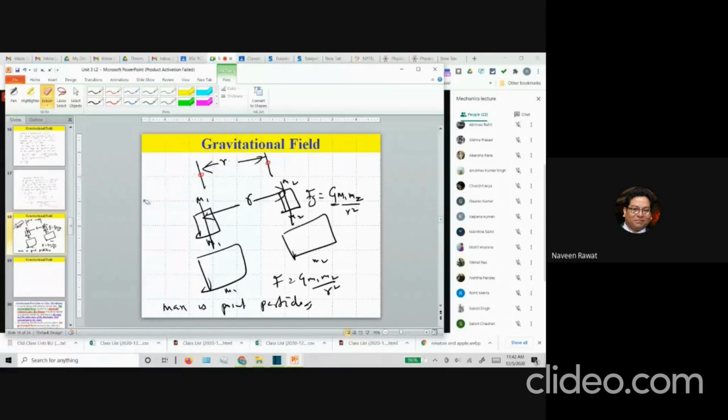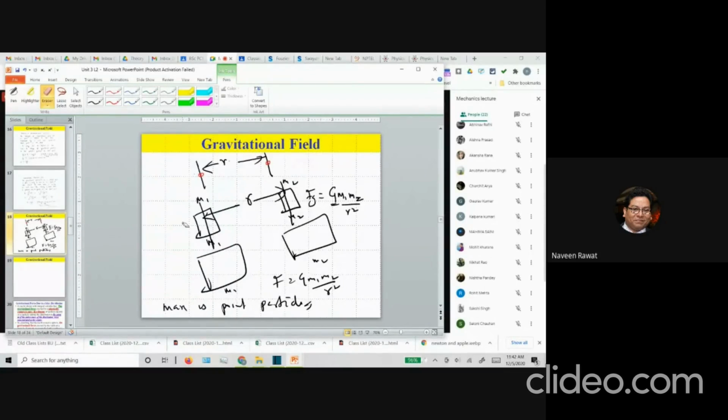In Newton's case, just to reiterate, for the two objects that he is considering, he has assumed that the entire mass distributed in the object is concentrated at one point.